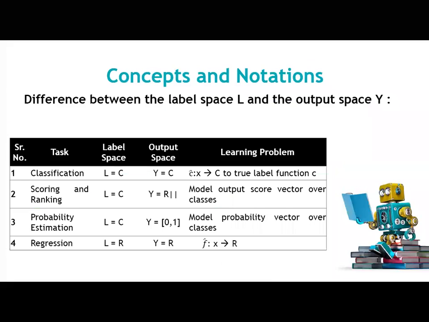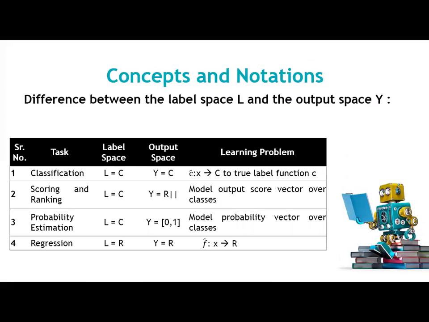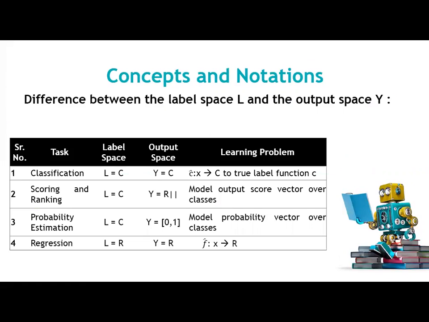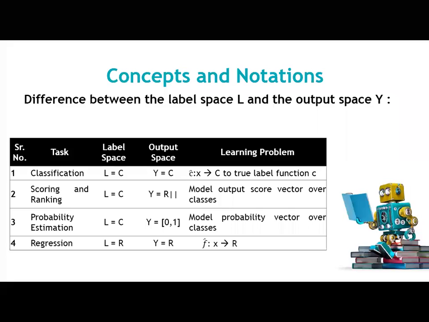Now next, we are going to see the difference between label space and output space. Label space is nothing but the set of classes. Then what will be the output space? Output space is similar to the label space, but with a slight difference as per the task performed by the machine learning model.